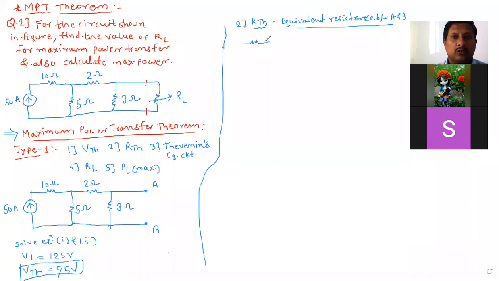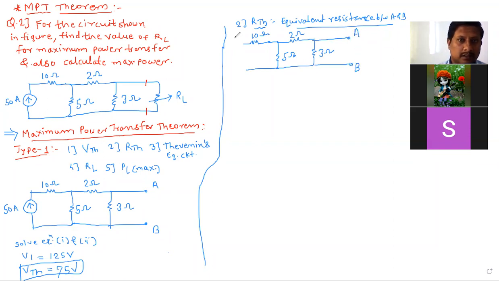So 10 volt, 10 ohm as it is here. This 5 ohm, this current source is open. This 2 ohm and this 3 ohm, and we have to measure between A and B. So this is A, this is B. So between A and B, you have to find out RTH.